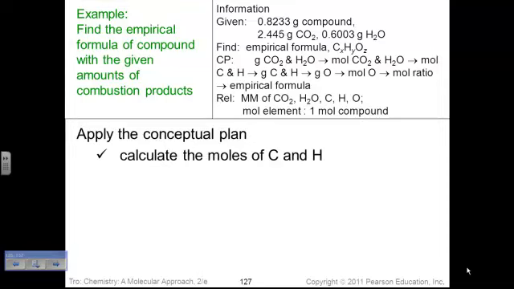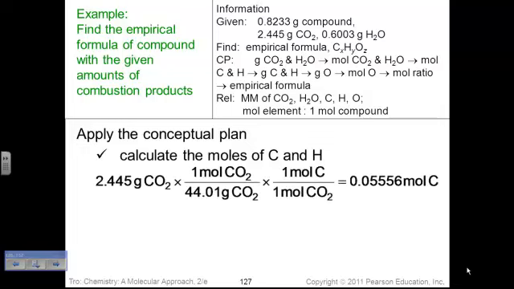We'll begin by calculating moles of carbon and hydrogen. When I consider how to do that, we start with a mass and we convert it to a mole. 2.445 grams of carbon dioxide divided by its molar mass of 44.01, and seeing that ratio of 1 carbon in the formula of carbon dioxide, converted it to 0.0556, 0.556 moles of carbon.